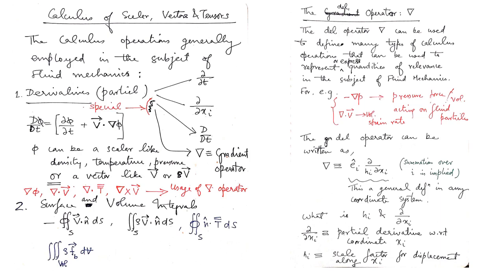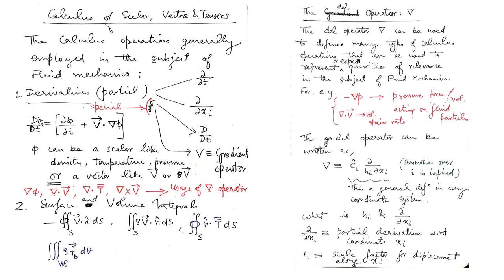You will have some coordinates x1, x2, x3. For example, Cartesian has x, y, z. And cylindrical, you call them r, theta, z. Okay, three coordinates. So likewise, in general, a general coordinate system will have three coordinates, x1, x2, x3.